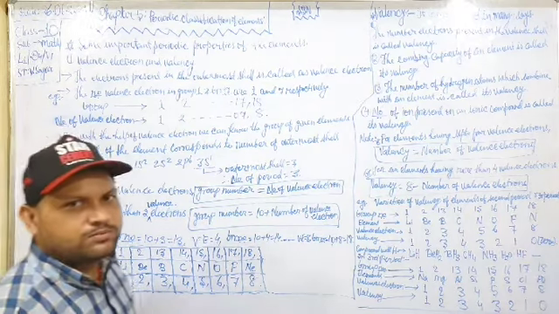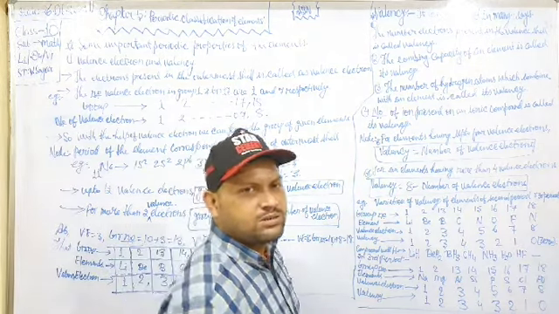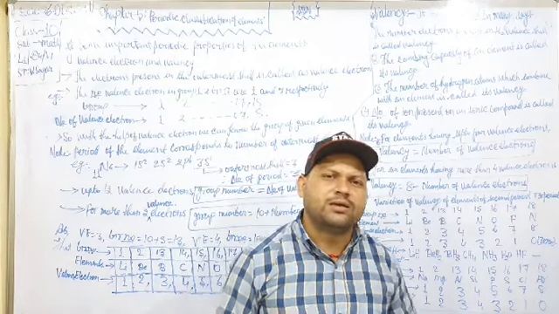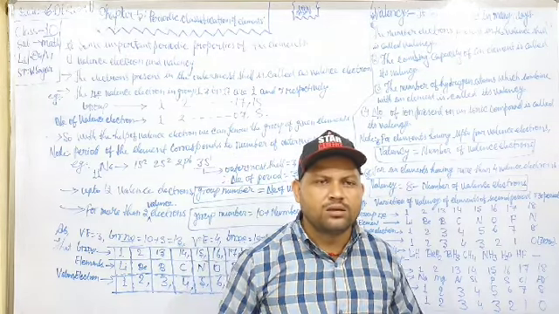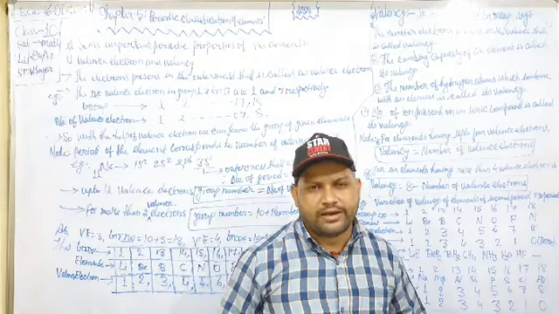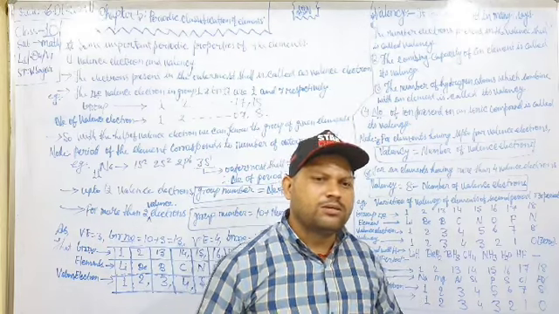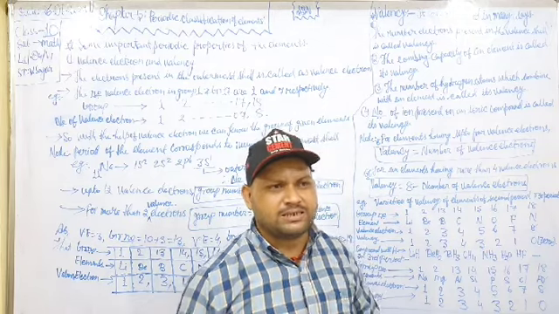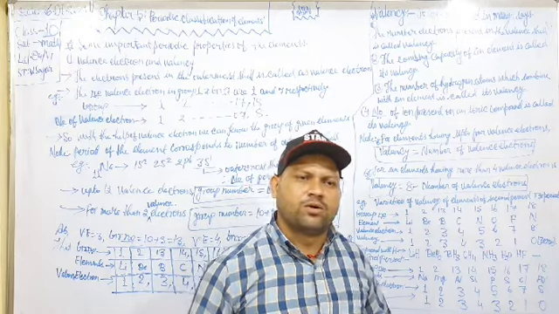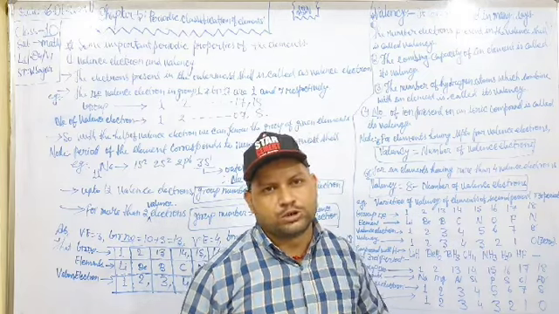Now move towards valency. What is it? Anybody can say, think, right? We can say that valency is the number of electrons present in the outermost shell.